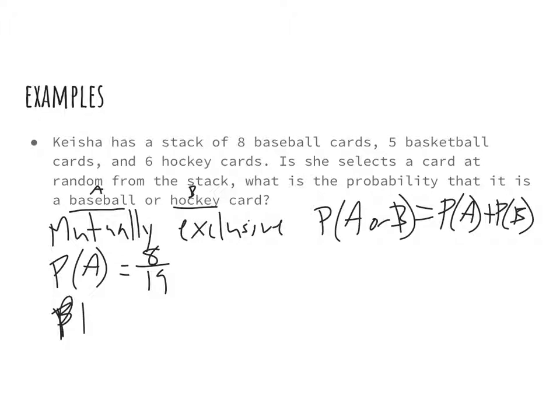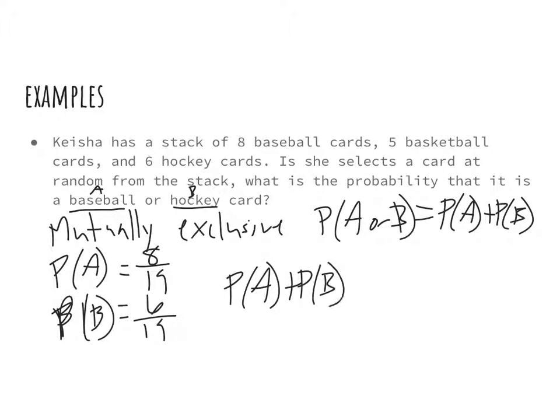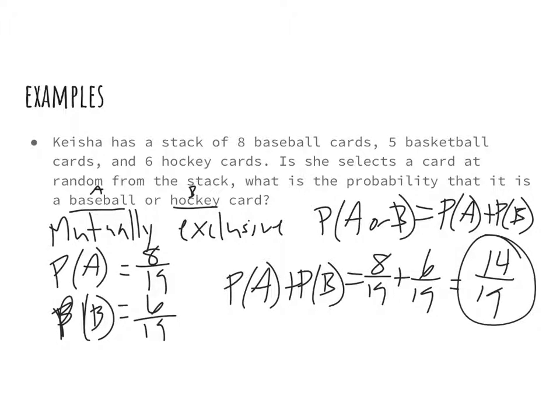Probability of B, so the probability of drawing a hockey card, is 6 over 19. So the probability of A plus the probability of B would be 8 over 19 plus 6 over 19, which would give me 14 over 19. That would be the probability of drawing a baseball or hockey card.